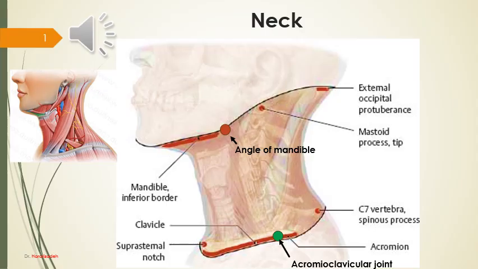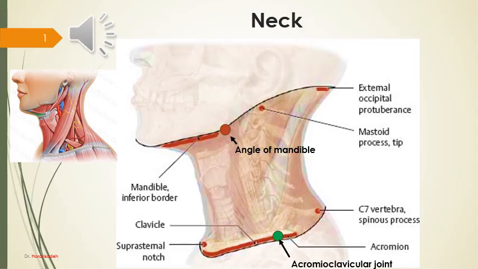In addition, the mastoid process is on this line, and in some texts and references it is considered one of the points of the superior border of the neck.